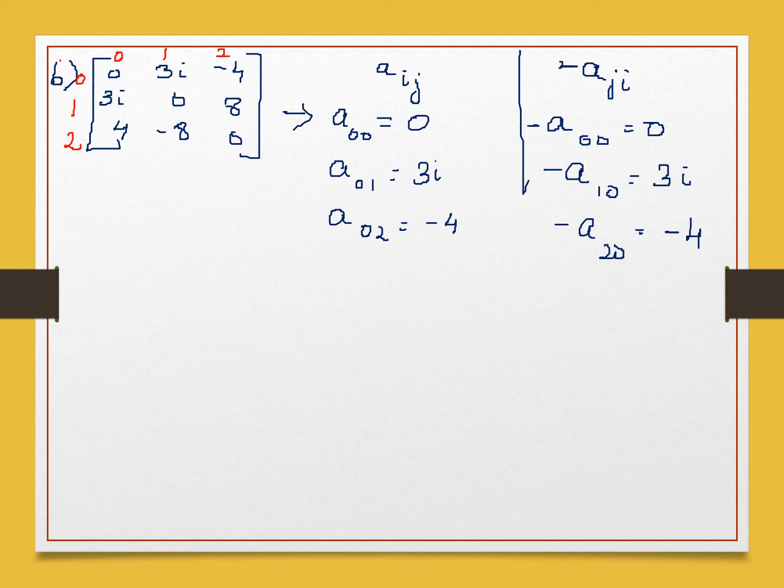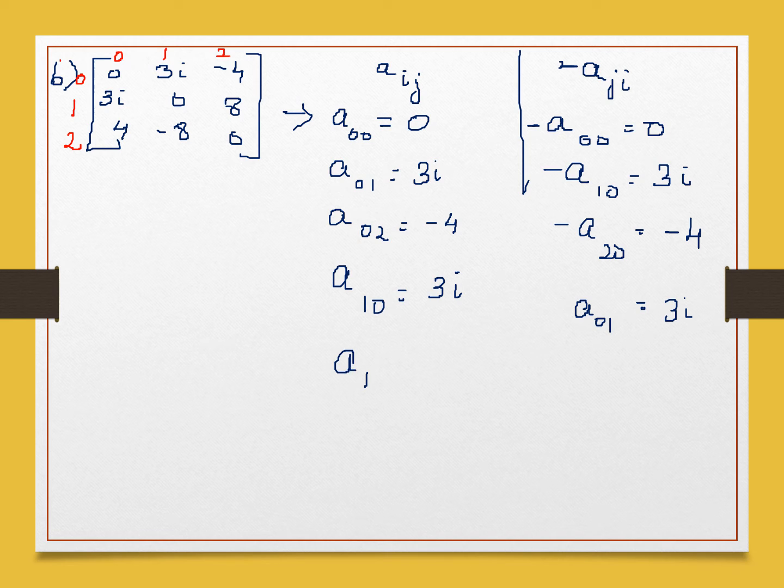So both are coming the same. Then a_10 is minus 3i here, and a_01 is 3i.